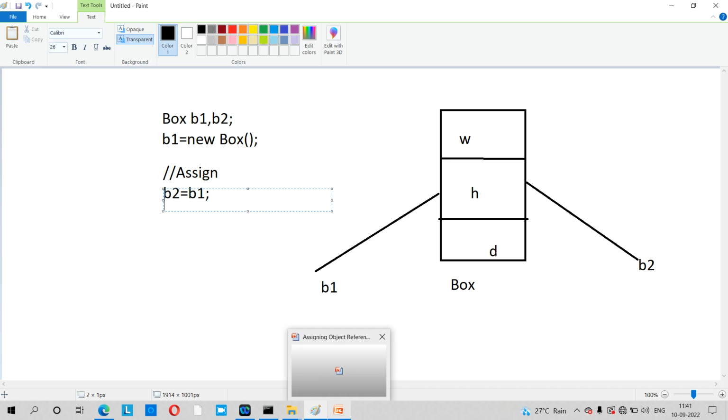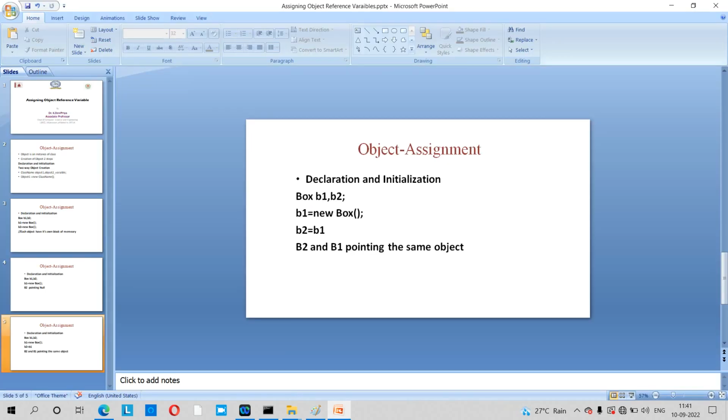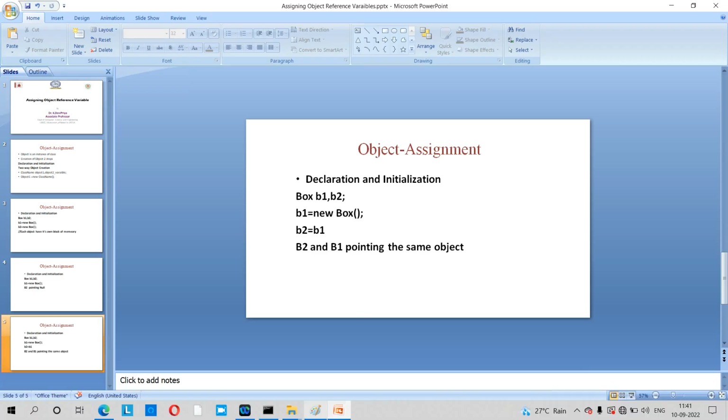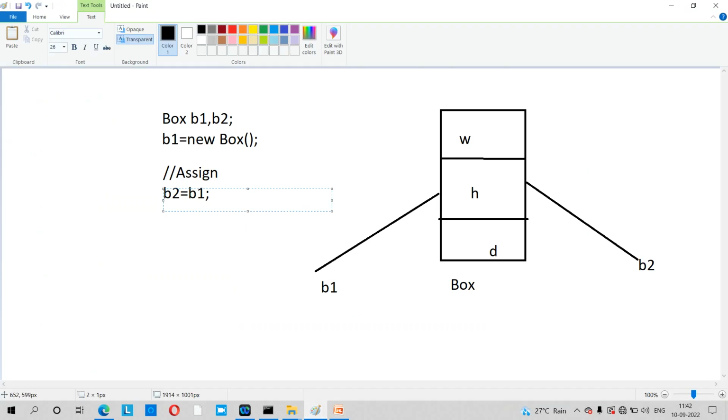Assigning object reference variable: Box B1, B2, B1 equal to new Box, B1's value is assigned to B2, so B2 and B1 are pointing to the same object. This is how it will be pointing.